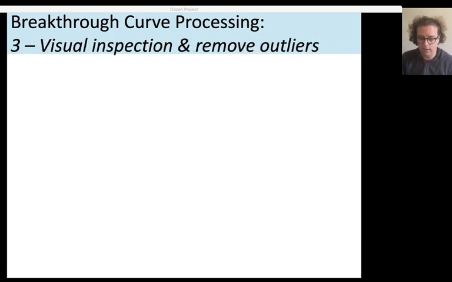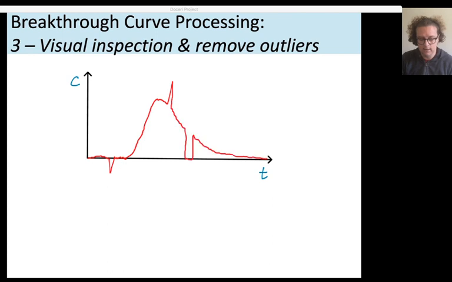Okay, we've got a concentration time series in hand. It might look something like this. At this point in the procedure, I think it's important to complete a visual inspection and remove data that are not meaningful because they are potentially outliers or sensor failures.